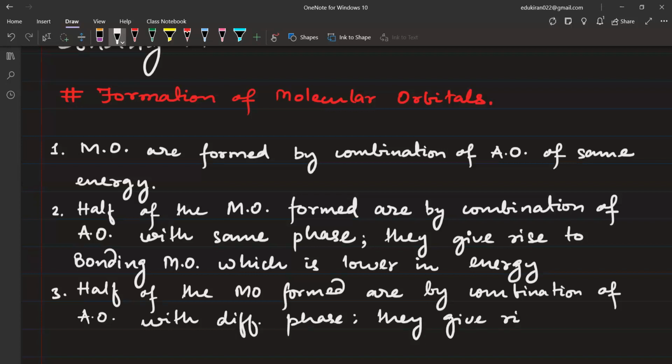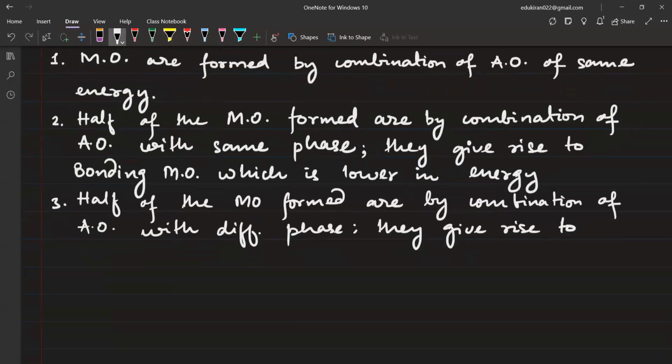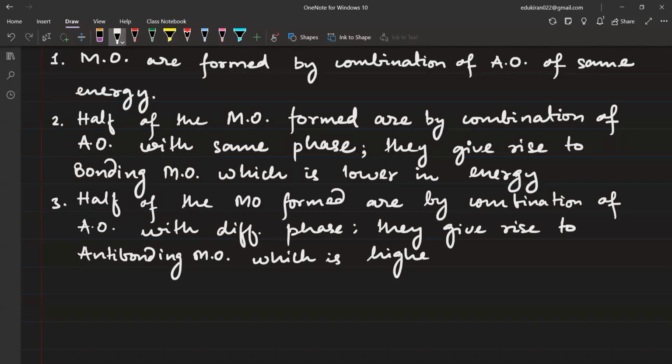They give rise to anti-bonding molecular orbital, which is higher in energy.